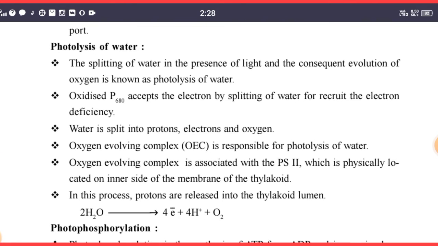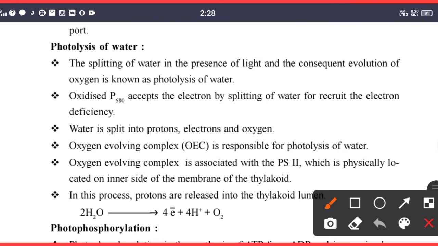Photolysis of water: photo means light, lysis means breakdown. So the water molecule is broken down in the presence of light. This definition you have to keep in your mind.